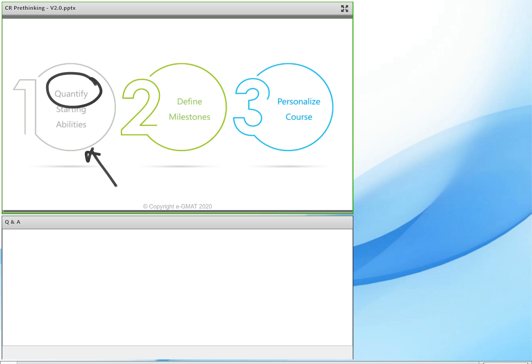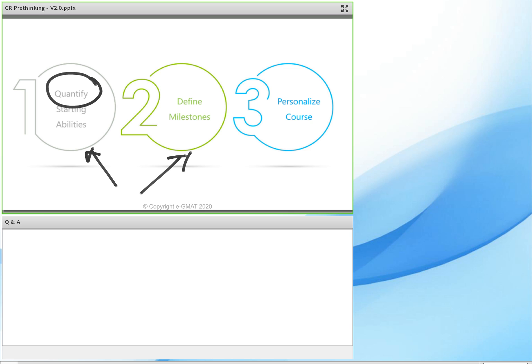There are a total of about 8 abilities that the GMAT measures. And you want to make sure that you get your starting scores in each of those 8 abilities. Once you have those, then you define milestones as to where you need to improve, and to what extent, to get to that score of 720, 730.